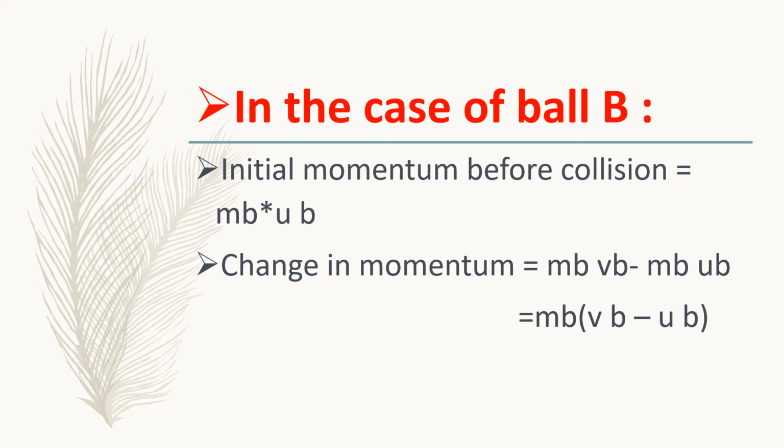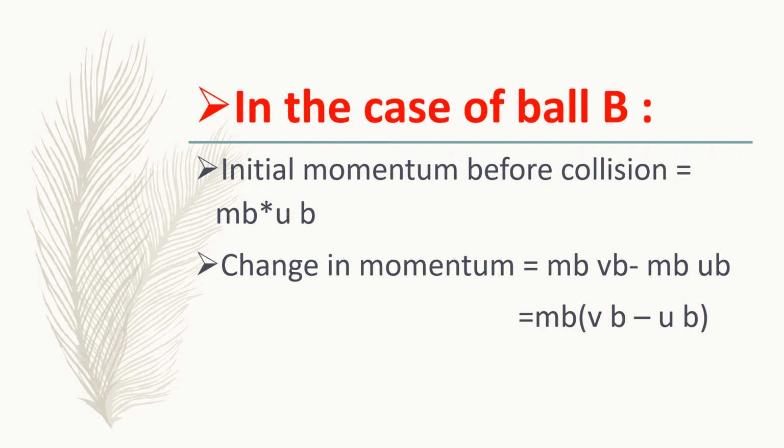According to the second law of motion, the force is proportional to the rate of change of momentum. Then the force exerted on ball B is represented by Fb, which is equal to the change in momentum that we can see from the above equation.